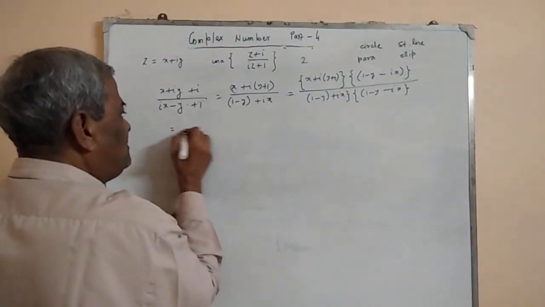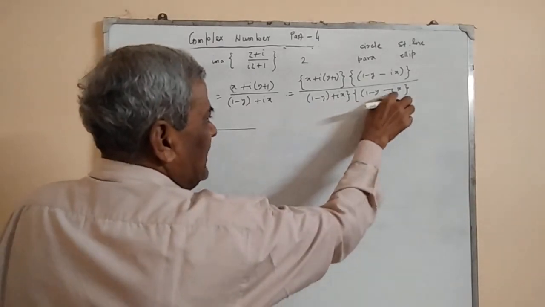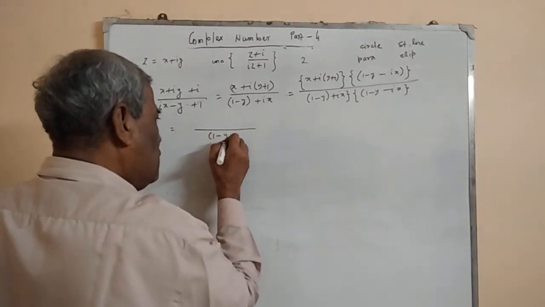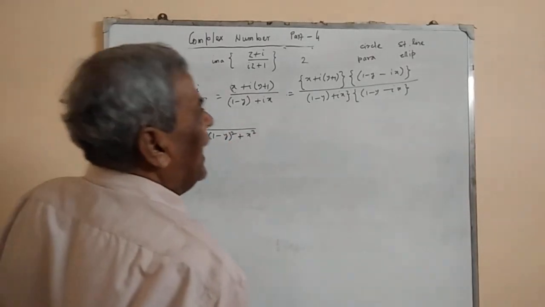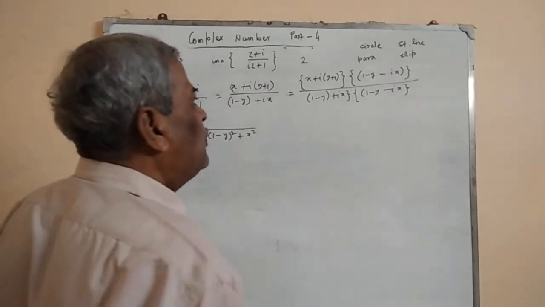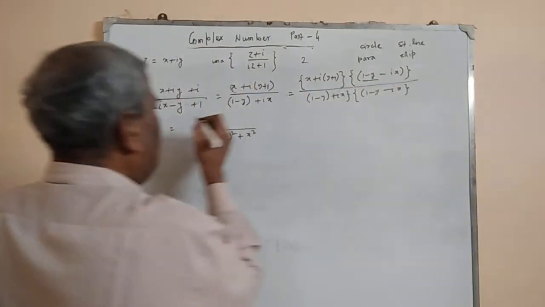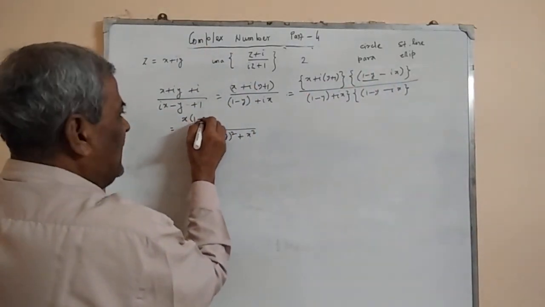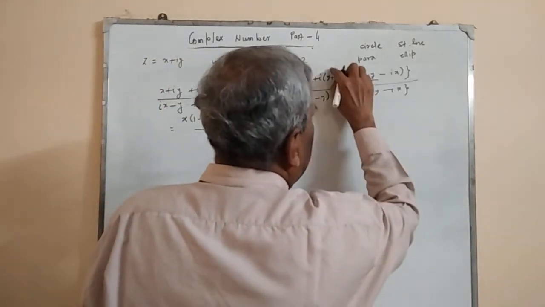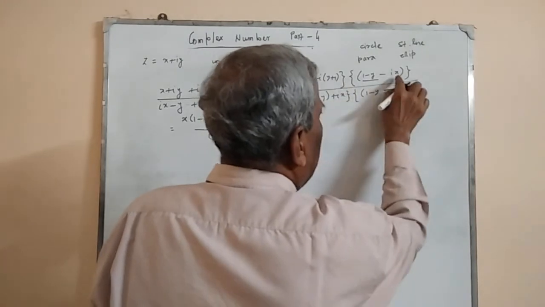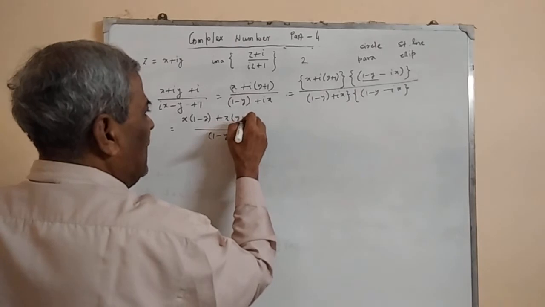So the denominator, a plus b into a minus b, is 1 minus y whole square plus x square, and the numerator, first I calculate the real part. The real part is this into that, x into 1 minus y. This into that, this is again real, minus i square x into that, plus x into y plus 1.